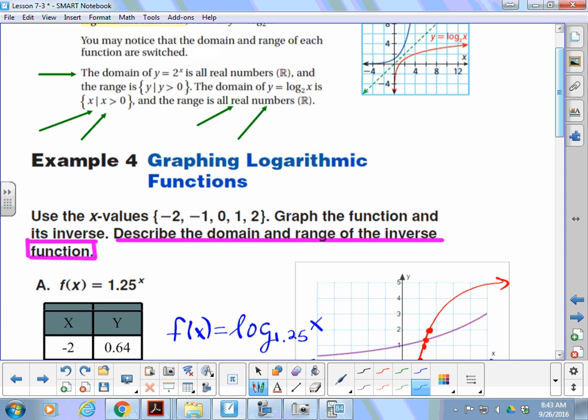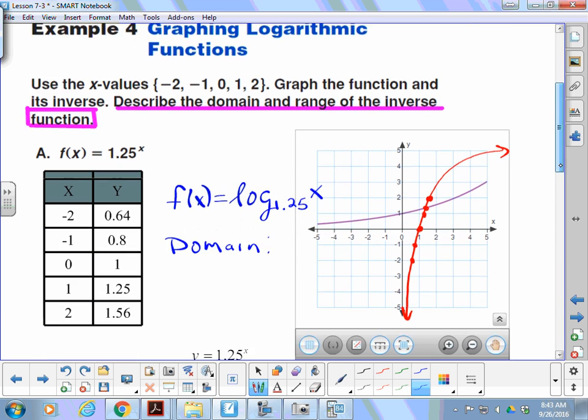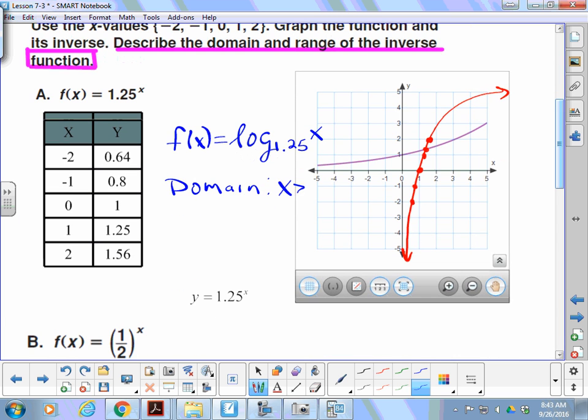The range is all real numbers. When we're talking about these functions, these are the domain and range always. If my exponential function is 1.25 to the x, my logarithm is log base 1.25 of x.